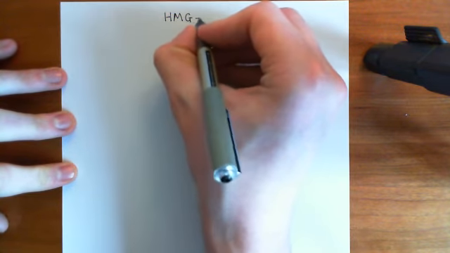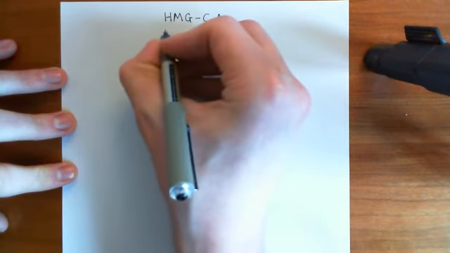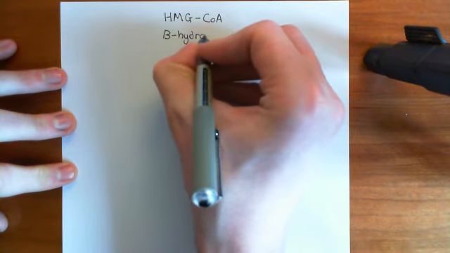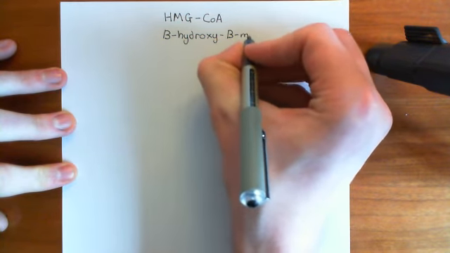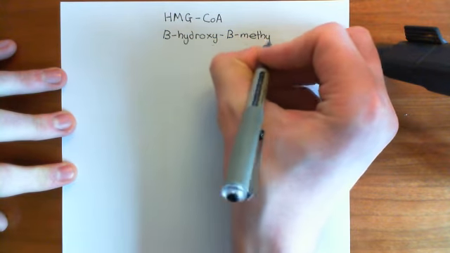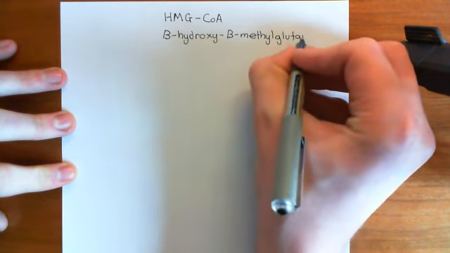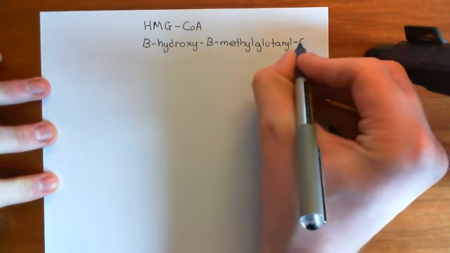HMG-CoA. And remember, HMG-CoA was short for beta-hydroxy, so that was what the H was for, and then it was beta-methyl, so that's the M, and then we've got glutaryl coenzyme A, so the G is for glutaryl, and then we've got a coenzyme A molecule attached onto that.